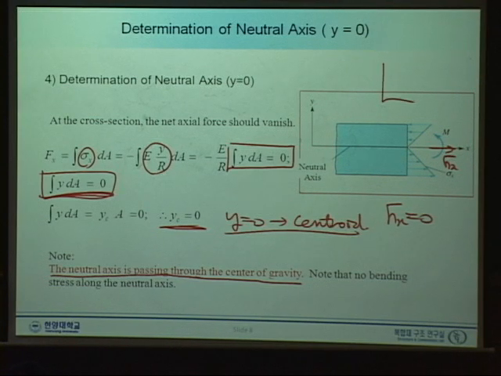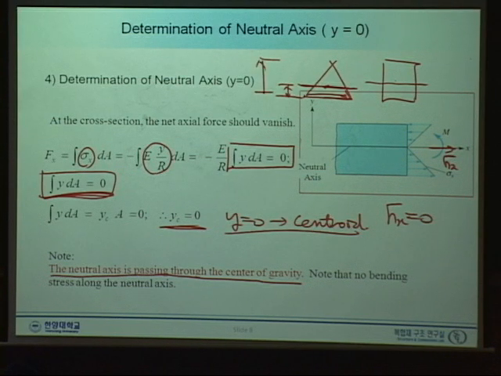So in a rectangular cross section, this one is the neutral axis, and in a triangle the neutral axis is also passing through the centroid, which means that, let's say this is the H, and this will be H over 3.